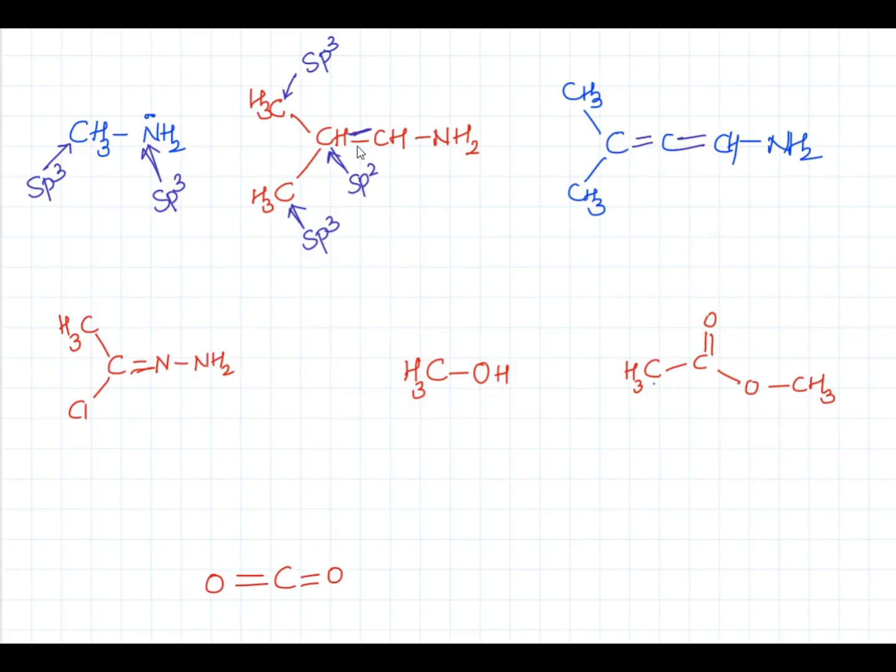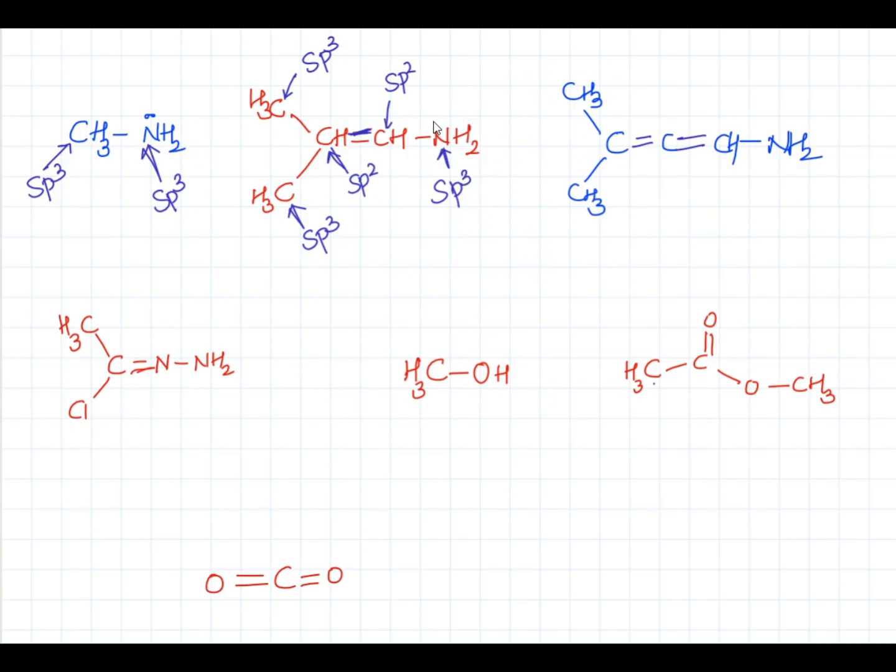One pi bond means sp2, and this carbon also has one pi bond and also possesses sp2 hybridization. The nitrogen has no pi bond, that means it has sp3 hybridization, right?